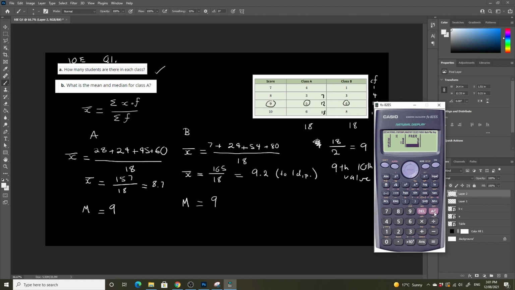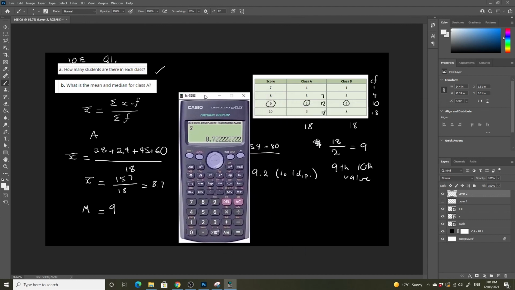Now that those are entered, just hit the all clear button, hit shift and 1 to hit stat, and then we want to hit 5 for variables, and 2 to get our mean, which is equal to the same thing we got, 8.72222, right? So you can do it either way. It's much easier to do it by calculator, but you can do it manually if you have to.